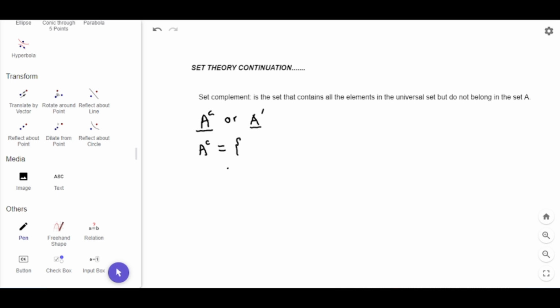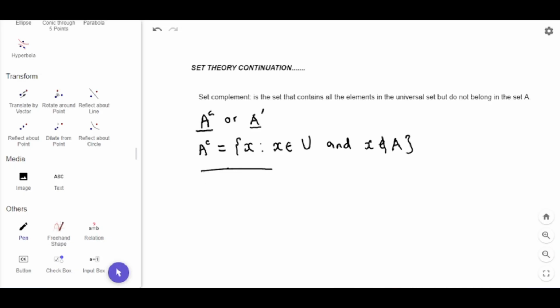And now the definition is, this is a set X such that X is contained in the universal set U and X is not contained in set A.